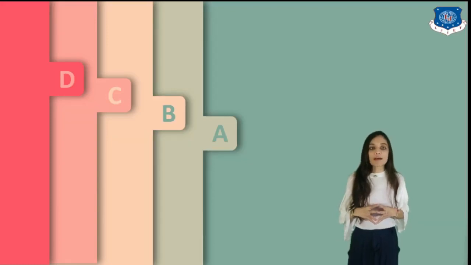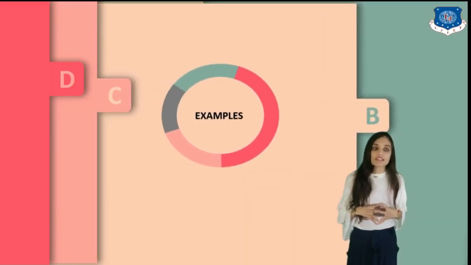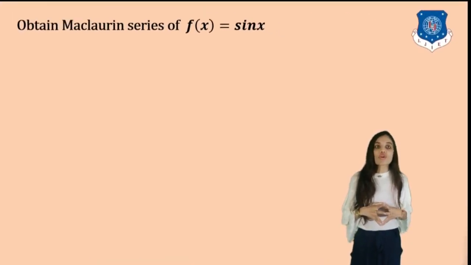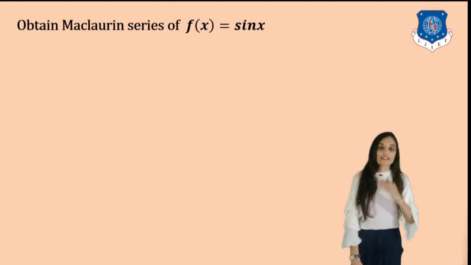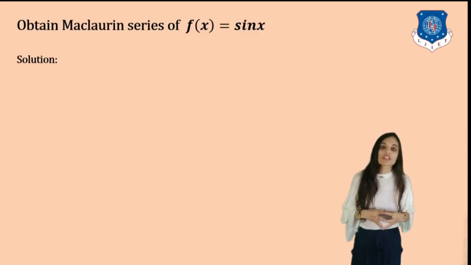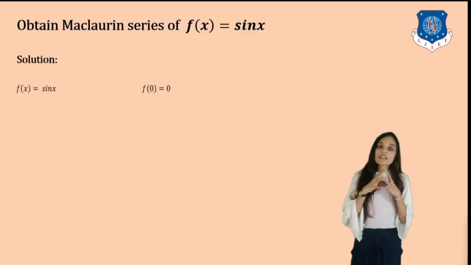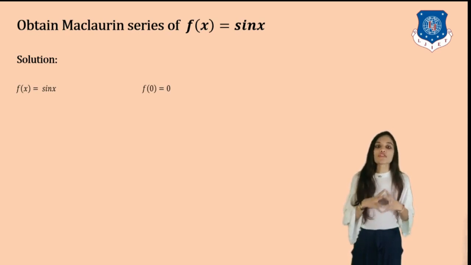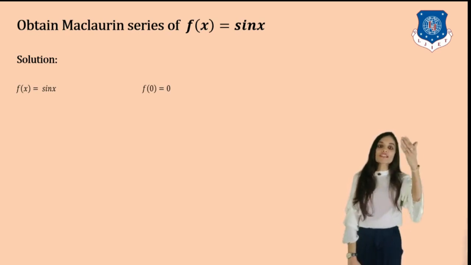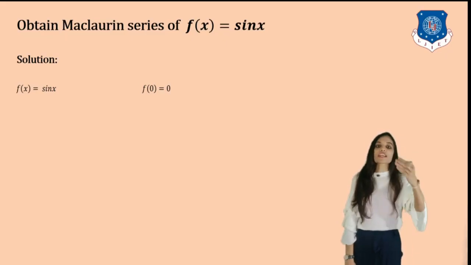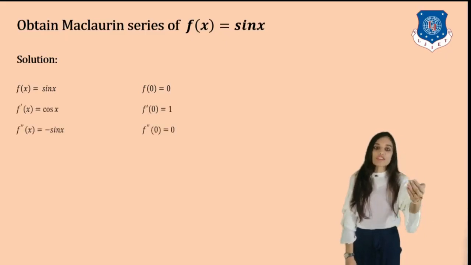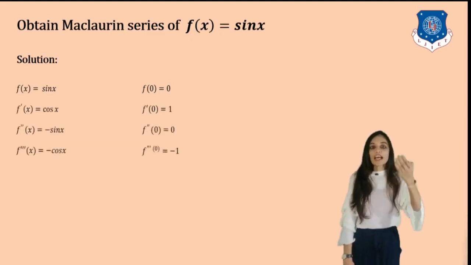Now we'll solve a few examples based on Maclaurin series. Our first example is to obtain the Maclaurin series of f of x is equal to sin x. Let us begin with the solution. Obviously we have to find the derivatives, and here we always have to put the value of a as 0. So our f of x is equal to sin x, f dash of x will be cos x, f double dash of x will be minus sin x, f triple dash of x will be minus cos x.